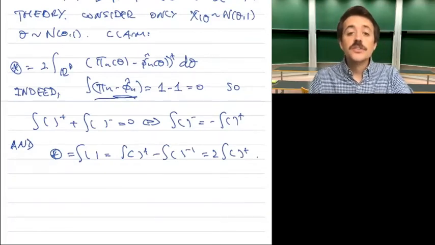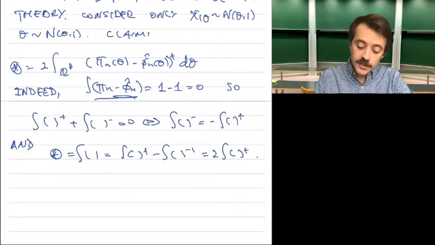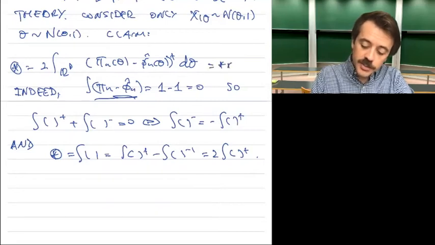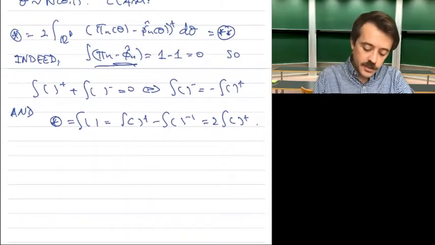So we get this, and then how can we rewrite the right-hand side? Let's call this double star.